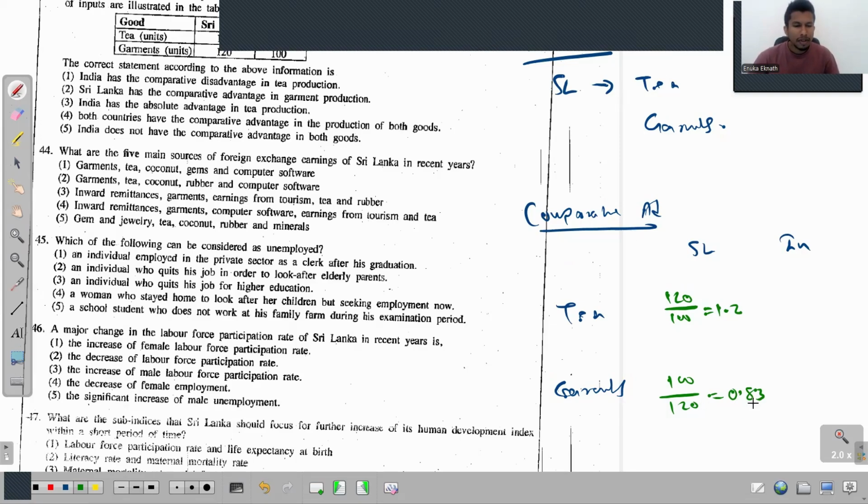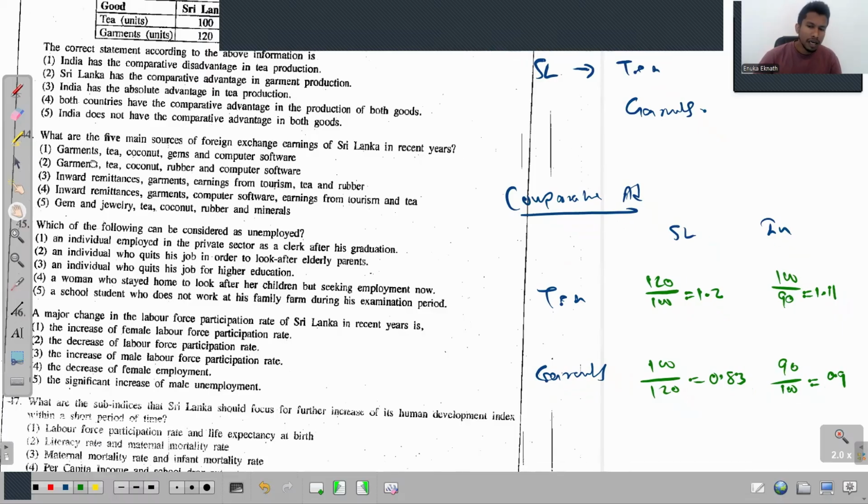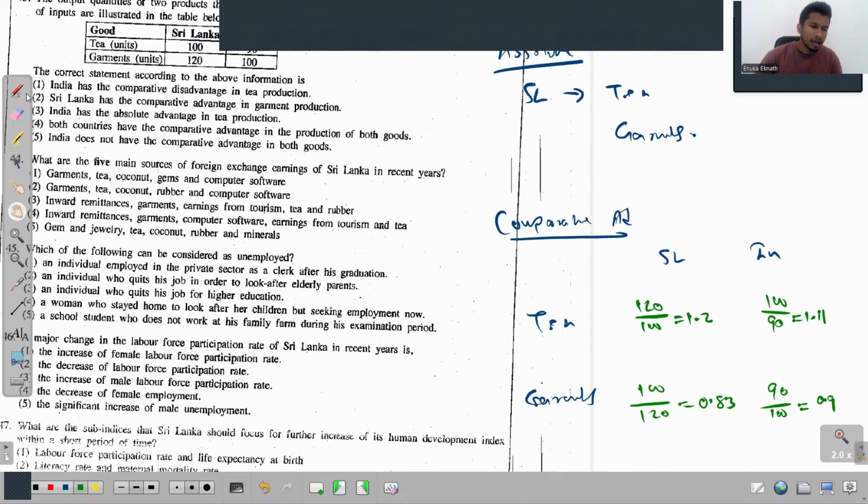And in India, to calculate the opportunity cost of producing tea, we take 100 and divide by 90, and the answer will be 1.11. And the reciprocal of that gives us the opportunity cost of producing garments in India, and the value is 0.9. So that's obvious, 0.9.